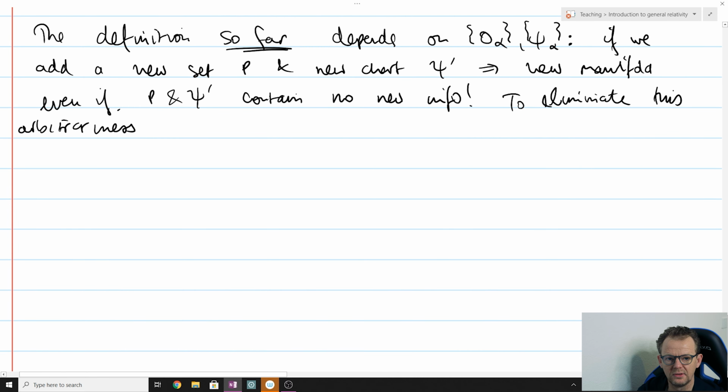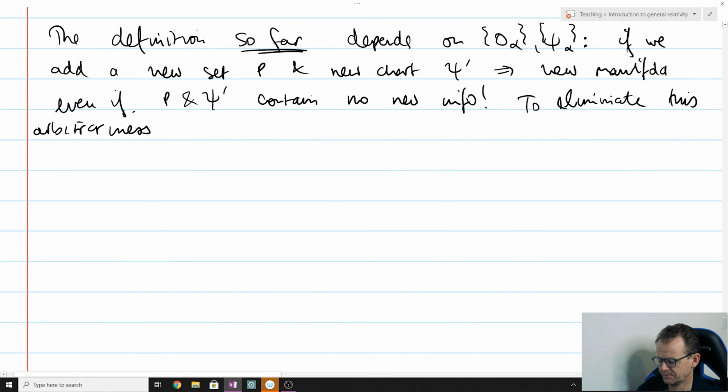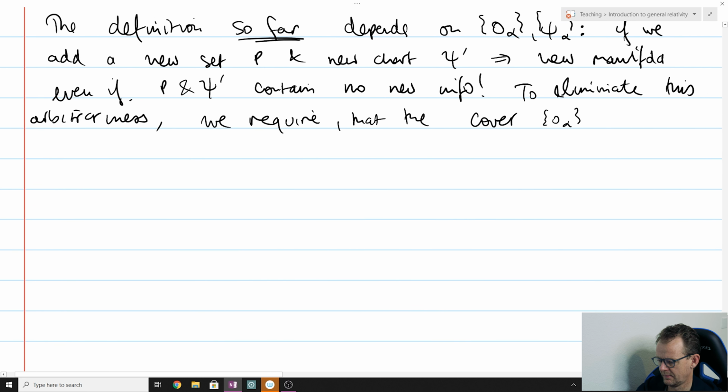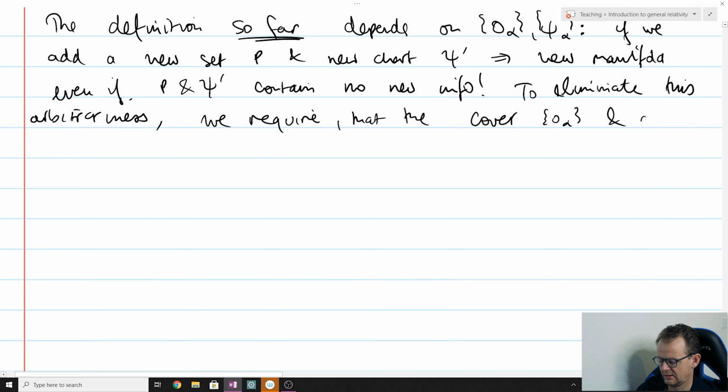Probably you're already thinking of ways to eliminate this arbitrariness. Well, here's one way to do it. We require that this covering in the definition of M, and this family of charts, is maximal. So what does that mean?